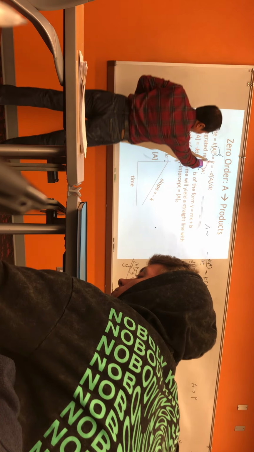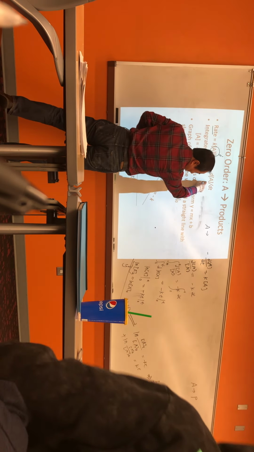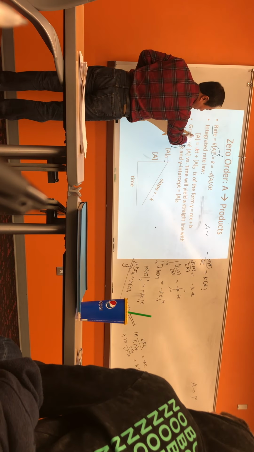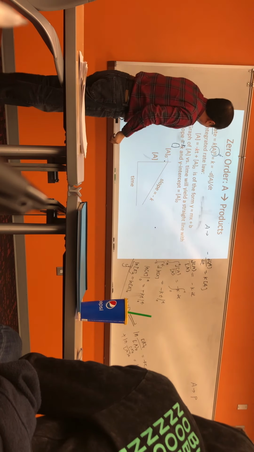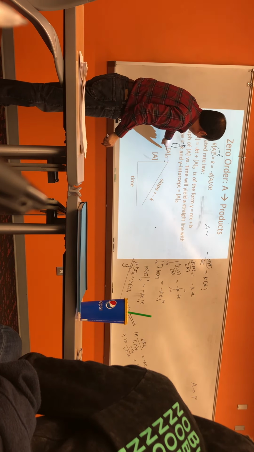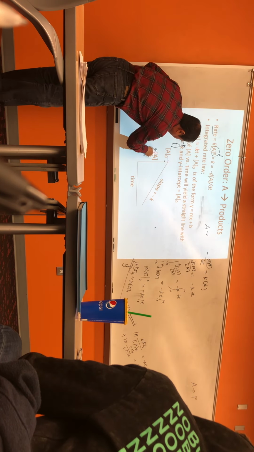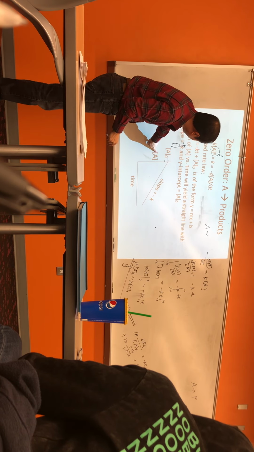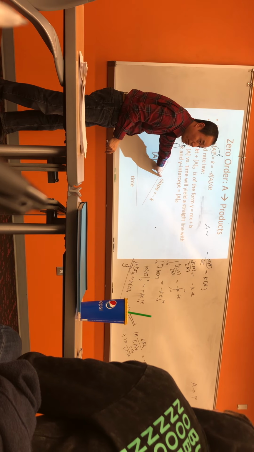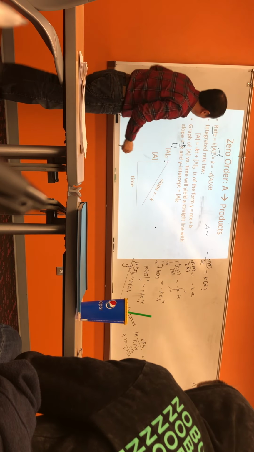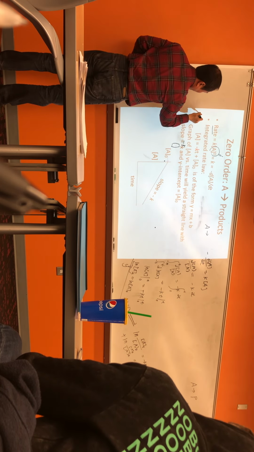This will be an even easier integration process. Once you do it, this will be your integrated rate law. So your y-axis is just the concentration [A], which changes over time, and it also has a negative slope. Okay. So memorize this one.